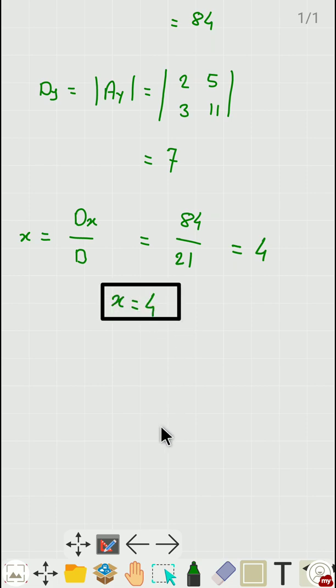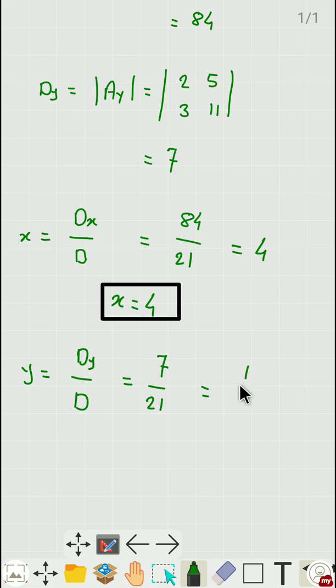Now we find the value of y. Y is equal to dy upon d, and dy, as we have calculated, is 7, and d is 21, so it is equal to 1 upon 3. Therefore finally we have the value of y as 1 upon 3.